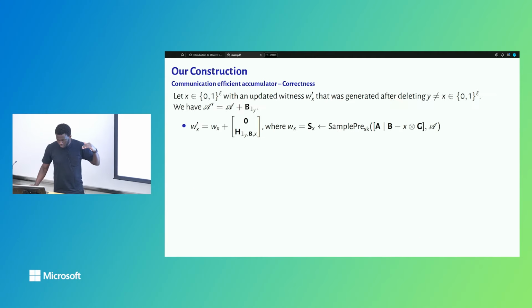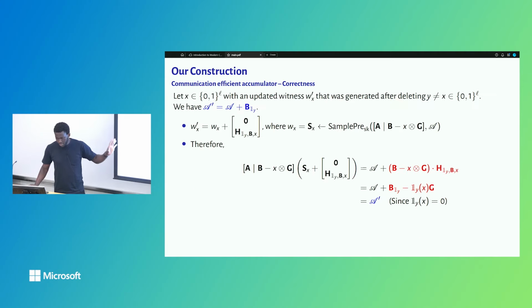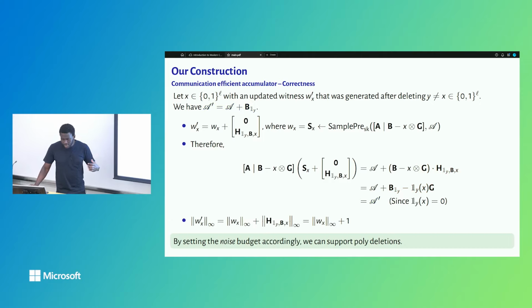But here we are performing an operation where we add these matrices, which at the end of the day is going to increase the norm of the witnesses. But since we are working with just indicator functions, the infinity norm of this matrix H is just going to be 1. So overall, after an update, the size of the witness for X is just going to be increased by 1.